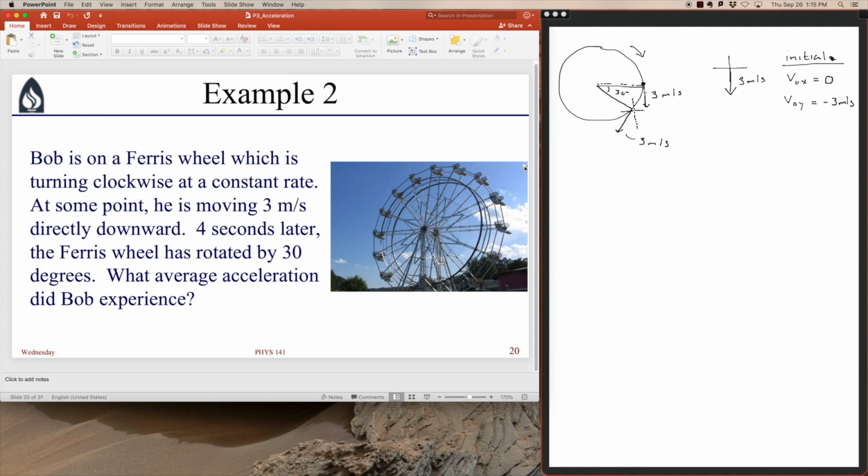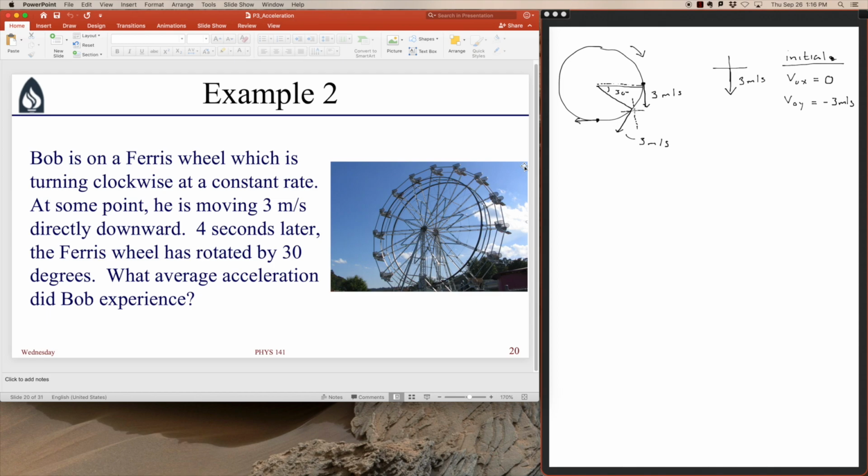Here the vector was straight down. As the wheel turns, the tip of the vector starts to swing away from the straight down direction. If I went all the way to the bottom, so if I considered his velocity here, it would be all in the negative x direction.